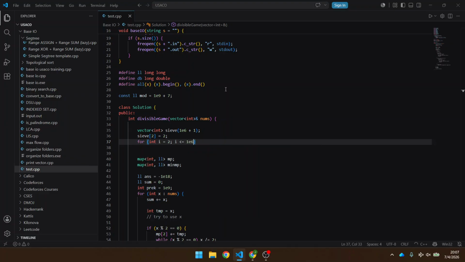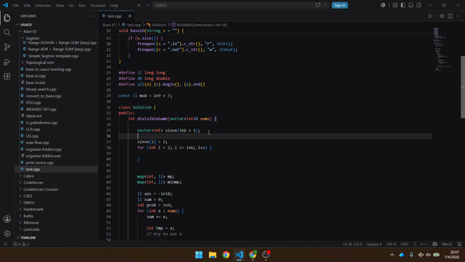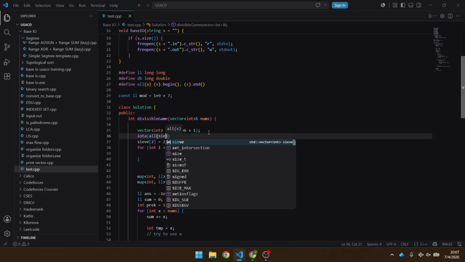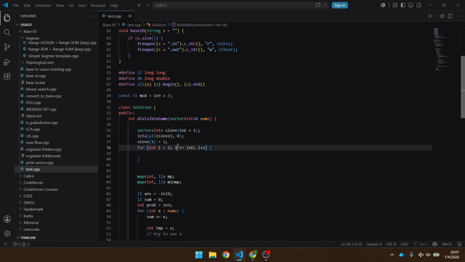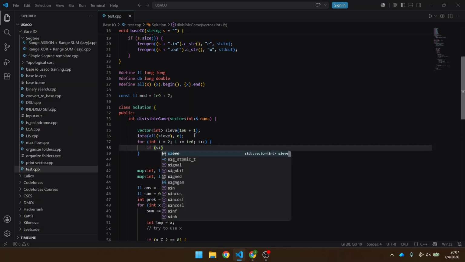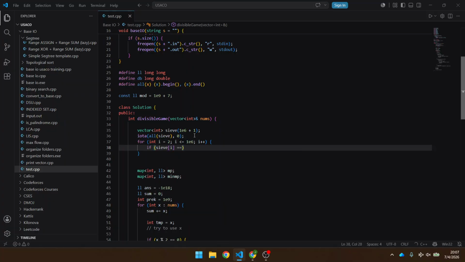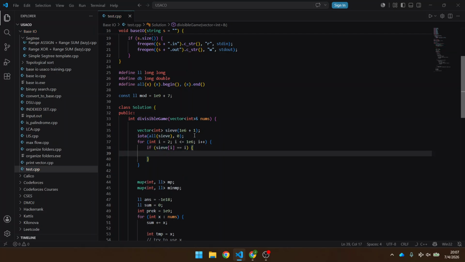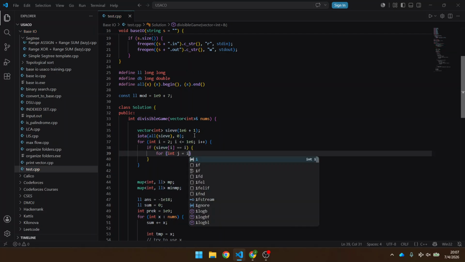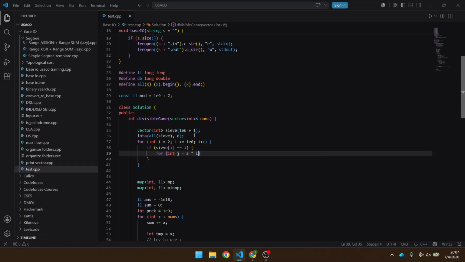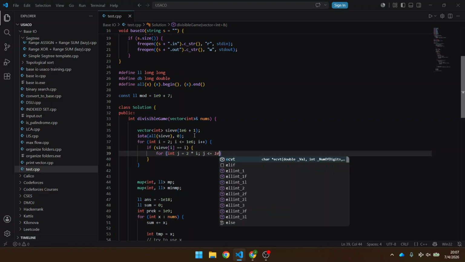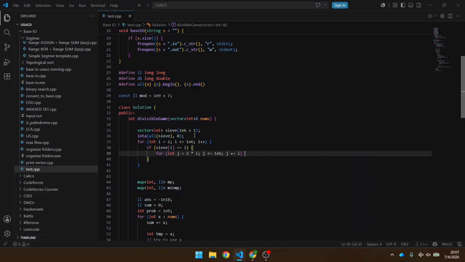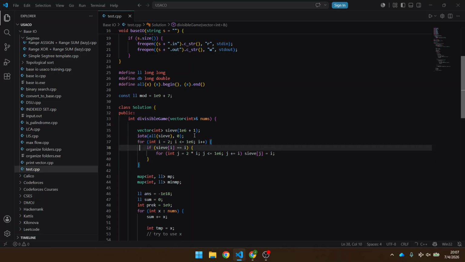I not equal to 26, I plus plus, c[i] is 0. If c[i] is equal to i, when j is 2 times i, j is not equal to 26, j plus equal to i, sieve[j] is equal to i. Yeah, that's our sieve.